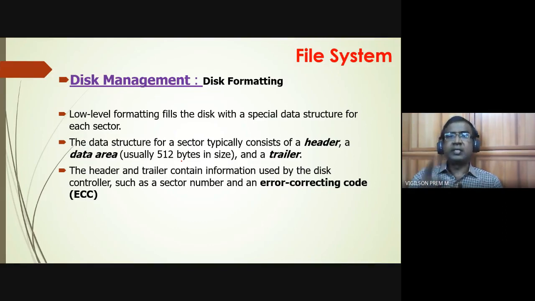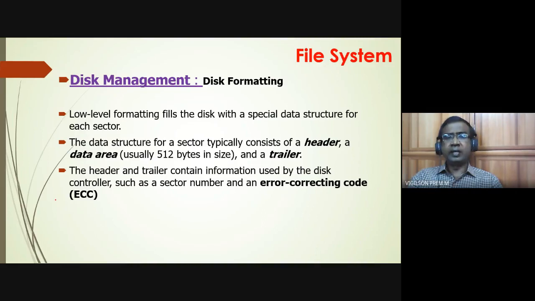Each sector is assigned a data structure. When we assign a data structure, we are assigning a header, data part, and a trailer. So what does it mean? Each sector will have one header, one data area, and one trailer. In the data area we will store data, that is obvious. What will be in the header and the trailer?